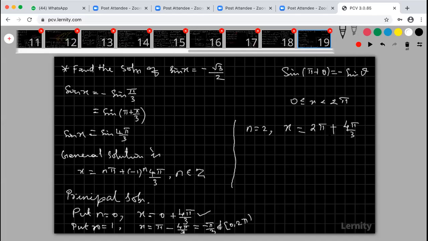This is more than 2 pi. So therefore, this is not our principal solution. So therefore, the principal solution is only one for this equation, sin x is equal to minus root 3 by 2. So therefore, this is 4 pi by 3 alone. Yeah, please note that, and we'll come to the next problem.